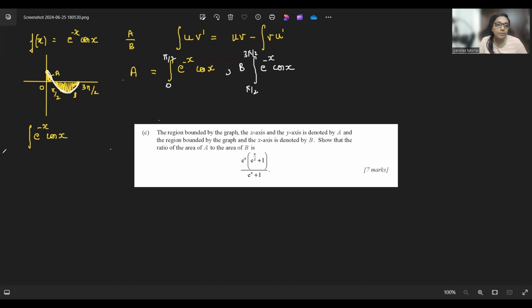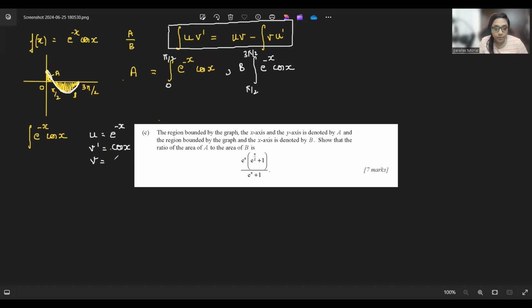If you look at the formula which we are using, which is integration by parts, over here our u is, let's write down the values, what we take as u, v, u dash, and v dash, so that we don't have any difficulty here. So u is e to the power minus x. V dash will be cos x, which means v will be the integration of cos x, right?